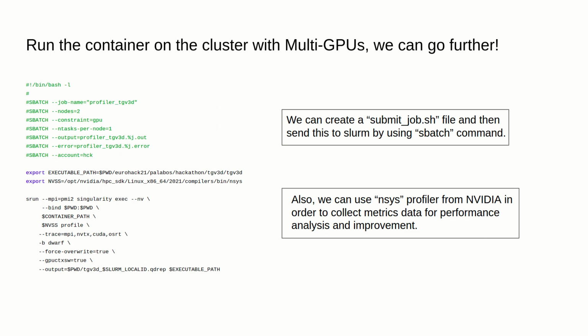So we can go further. We can create a submit_job.sh file and then send this to Slurm by using the sbatch command.